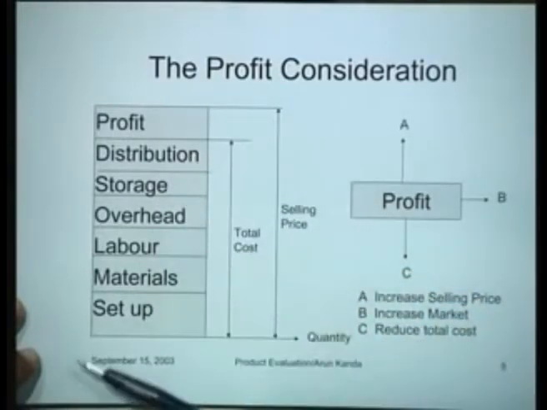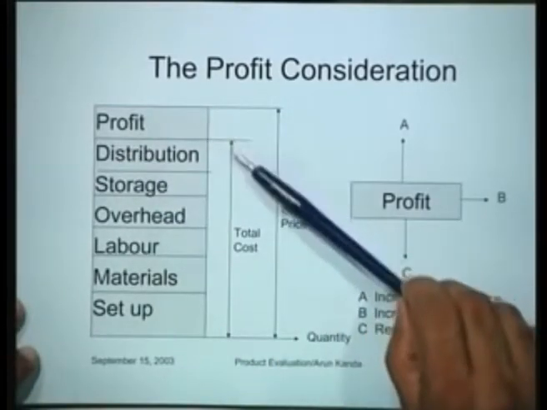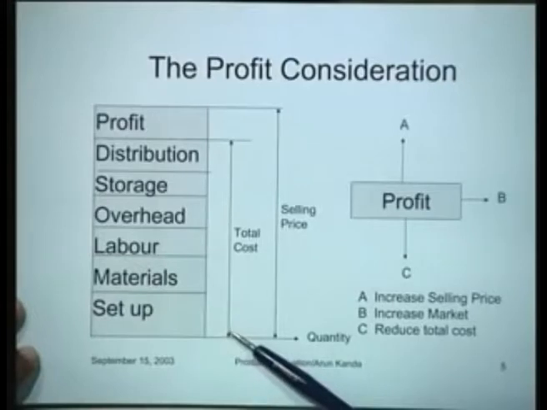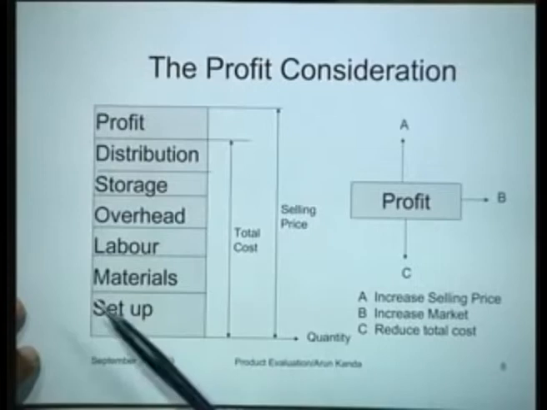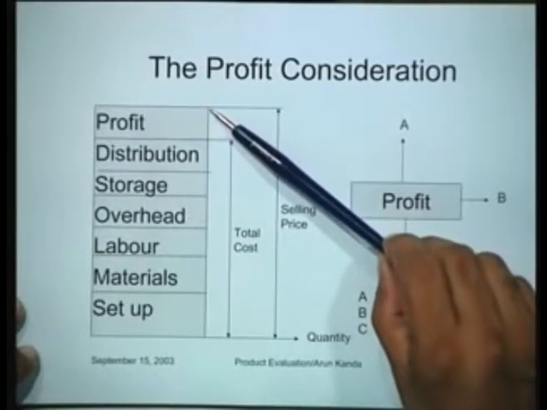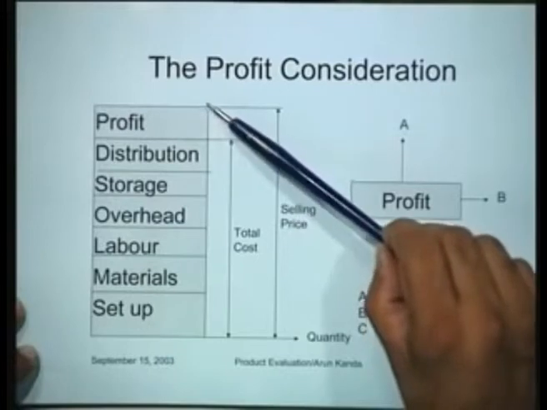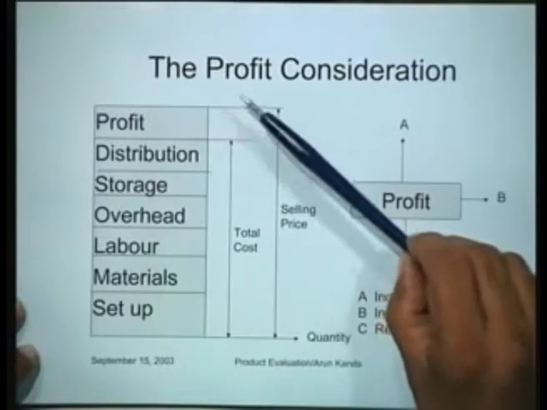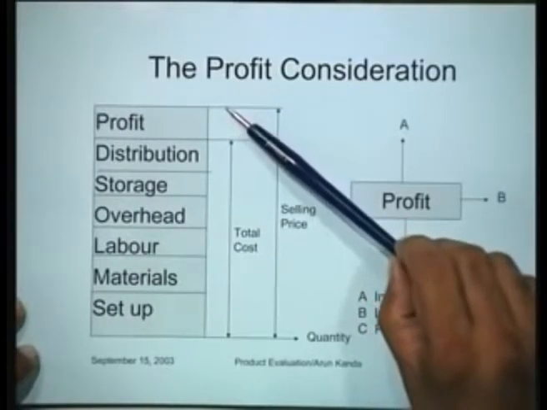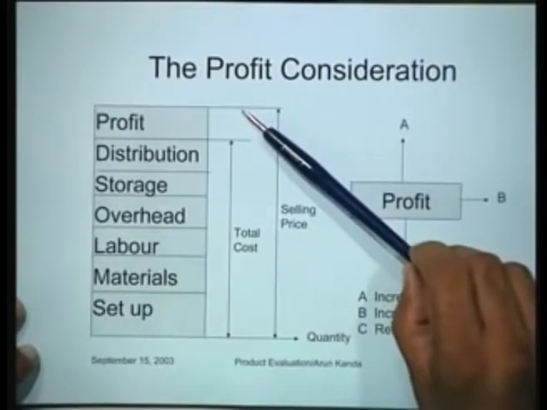So these are the various layers which are there, and so this total cost up to here is the total cost of the product. Assuming for the time being that I am plotting quantity this side and the cost or profit on this axis, if this is my selling price of the product that I am trying to sell, the difference between the selling price and the total cost will in fact give me the profit margin per piece.